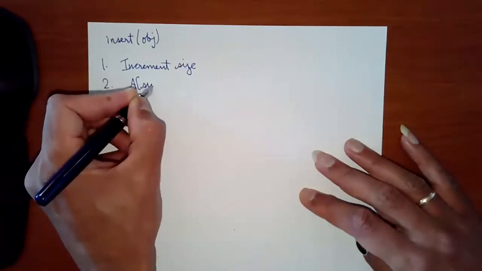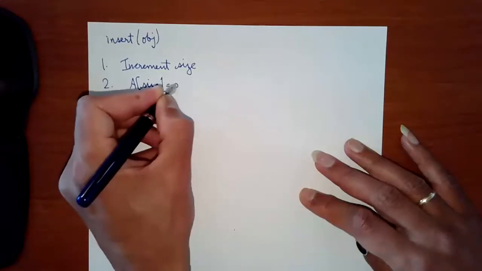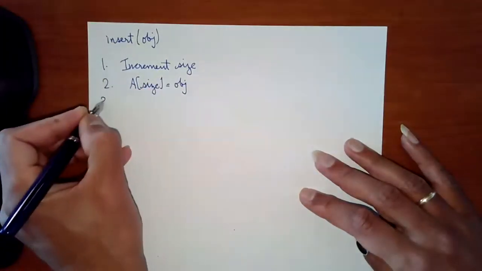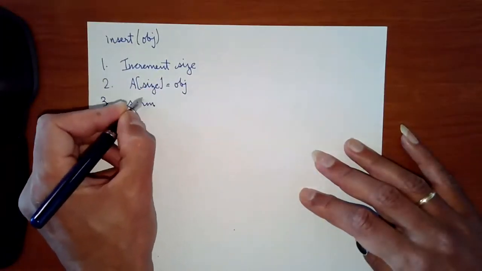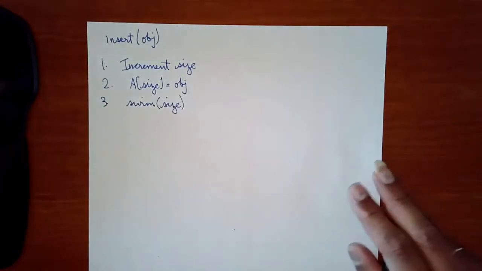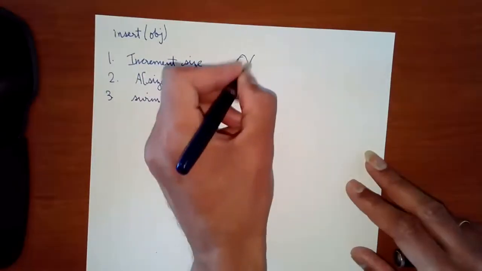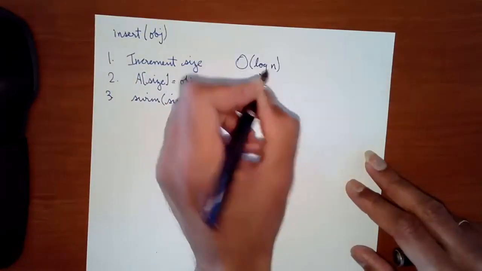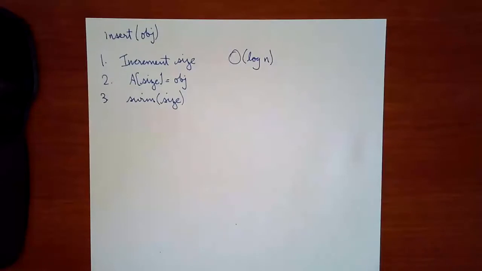You set A of size to be equal to the object, and then you call swim at size. And again, this will run in O of log n. Okay?